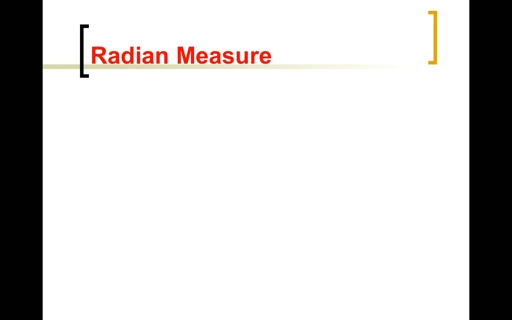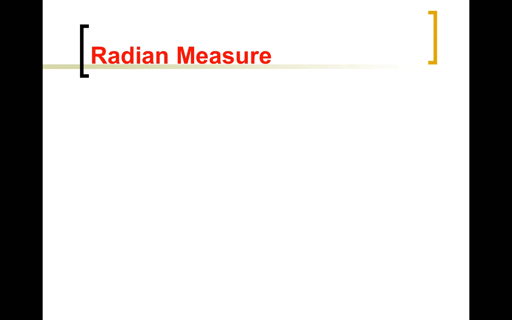This is the humongous new thing you've never heard of before in your life, and if you have, you don't know what it meant. All right, radian measure of angles is something we do in math, all the way through calculus. Everything we do in calculus must be done in radian mode.